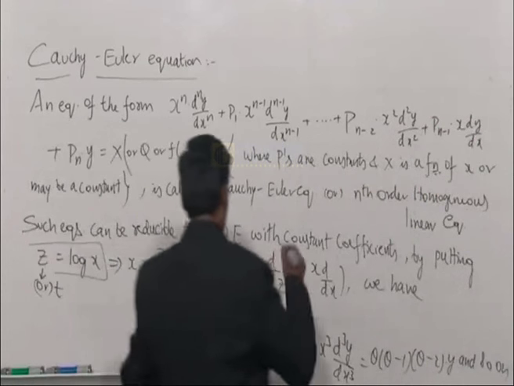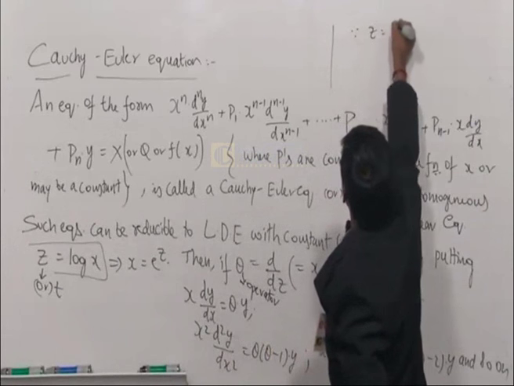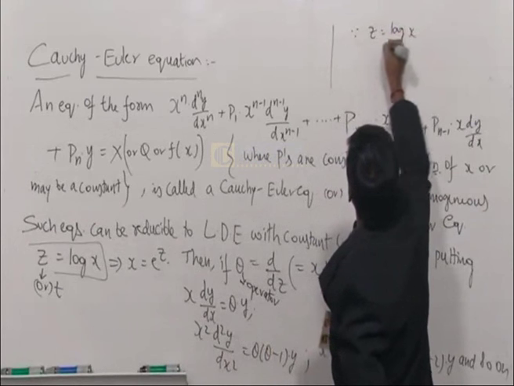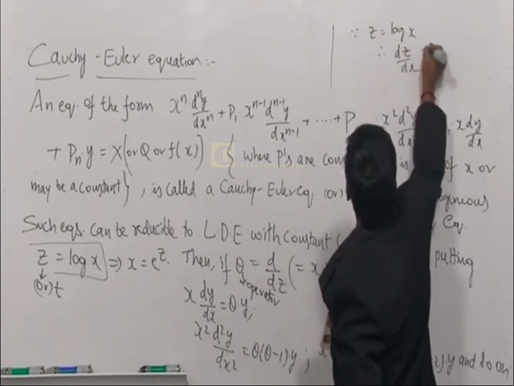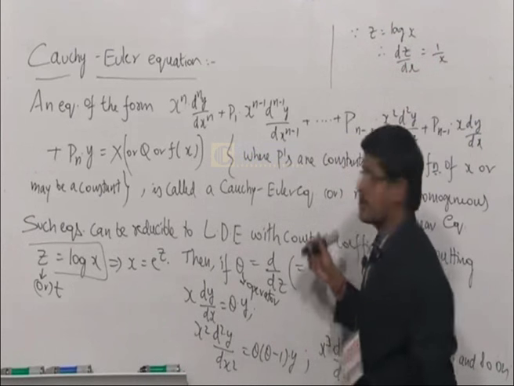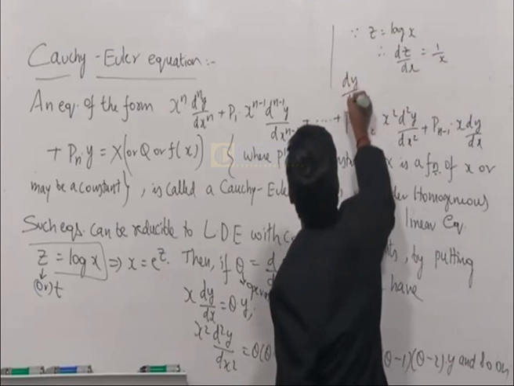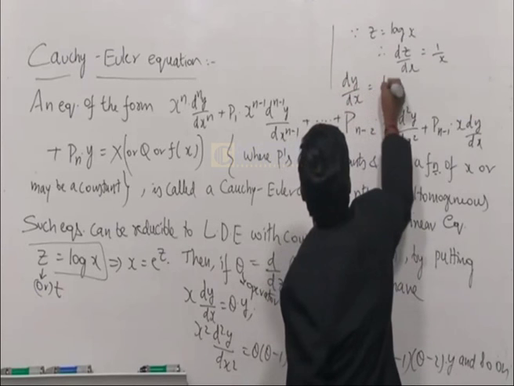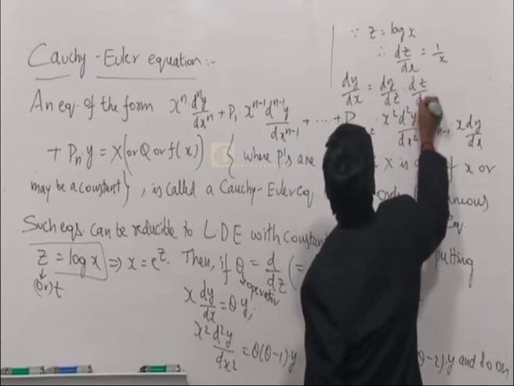See, here I am proving the first one. How do you get that theta? Since z is equal to log x, therefore dz by dx is log x derivative with respect to x, which is 1 by x. Now dy by dx, using the chain rule in differentiation, can be written as dy by dz into dz by dx.